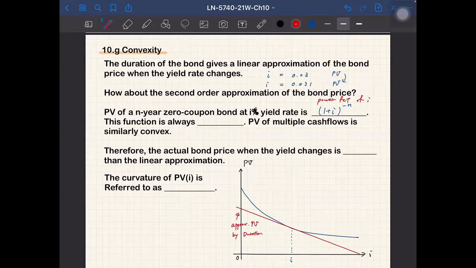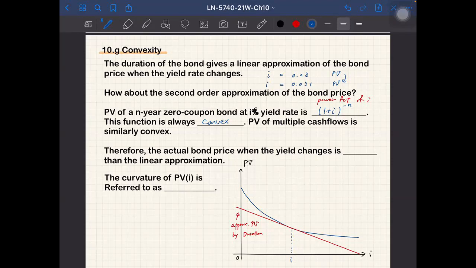Basically this always underestimates, because this function is convex. Of course, an actual bond may be more complicated because we have coupons, but still we have a summation of cash flows, so we have a convex function, and the approximation always underestimates the price.